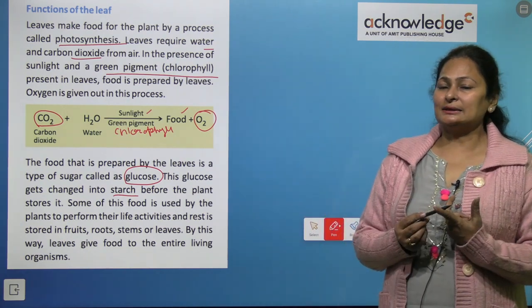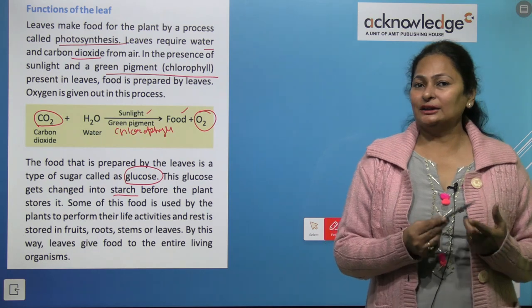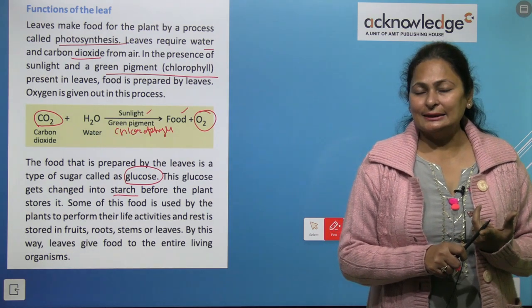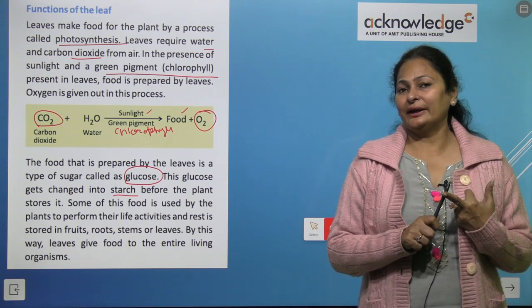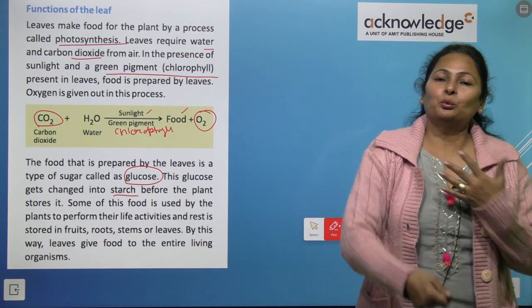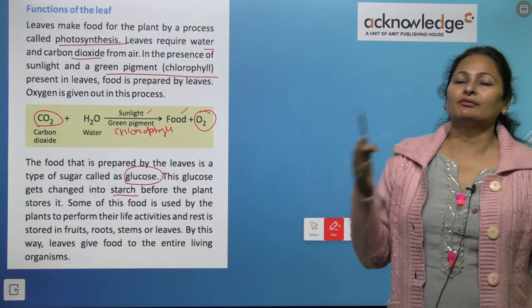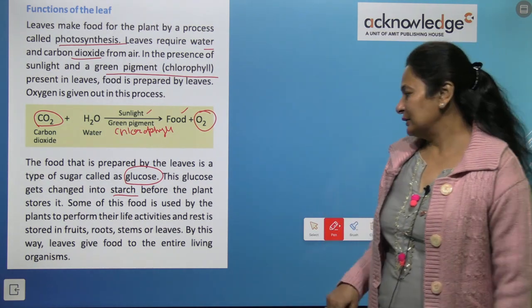So don't get confused between starch and glucose. Glucose is used by the plants itself, and the rest of the glucose will convert into starch, and this starch will be stored in different parts of the plants, right?